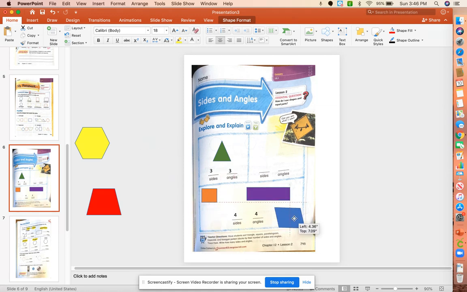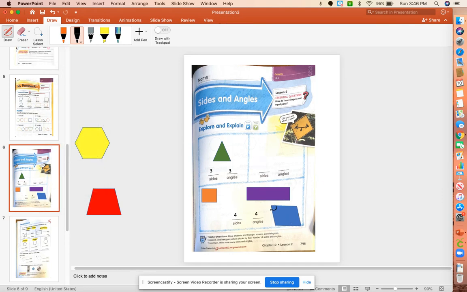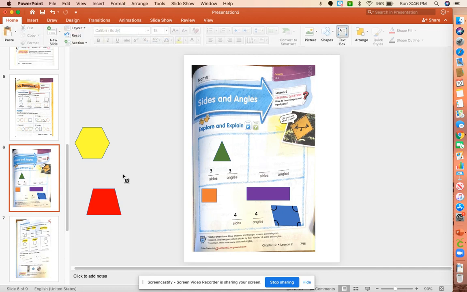The parallelogram belongs in there, because if you look in there, here is one angle, two angles, three angles, four angles. So in that shape, there are four angles as well.